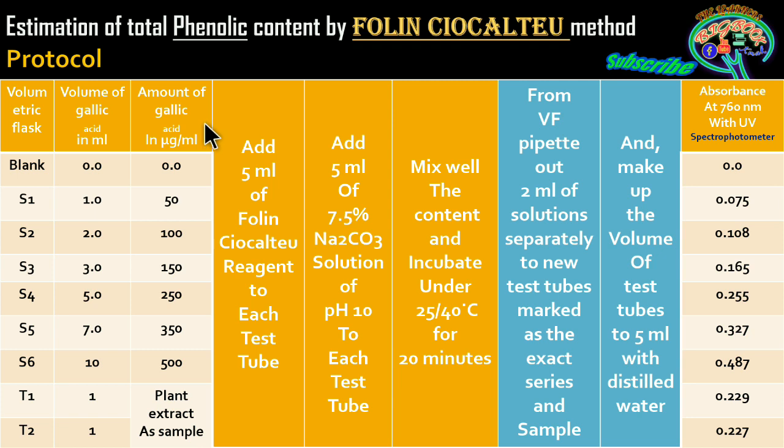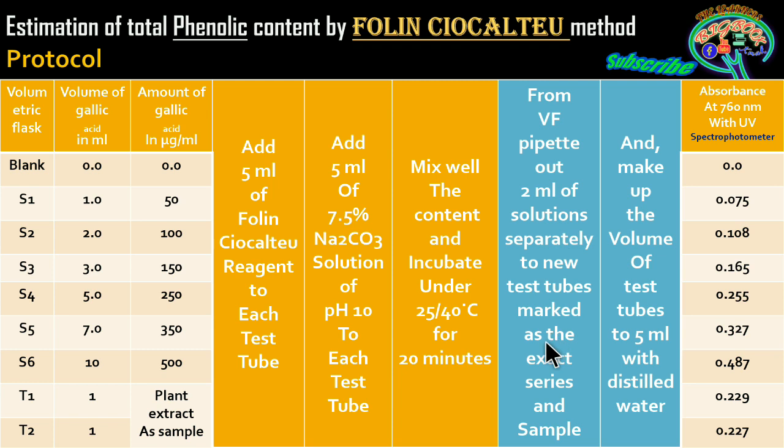Now after this, you are going to take test tubes equal in number to the volumetric flasks, that is 9 test tubes, and mark them similarly, from the blank to the 6 standard series test tubes, and then the samples. To all the test tubes, from their respective volumetric flasks, you are going to transfer 2 ml of the liquid, making a serial of test tubes similar to the volumetric flasks.